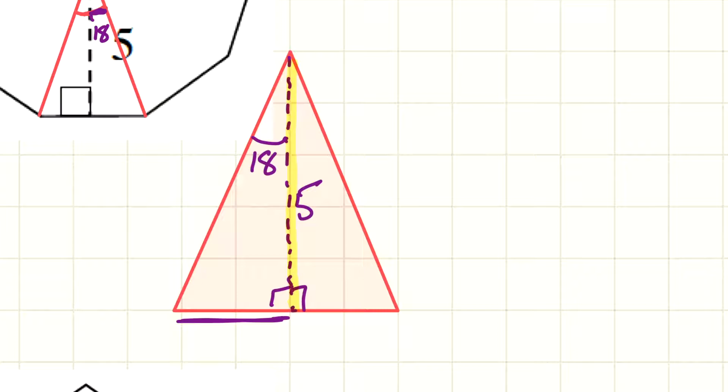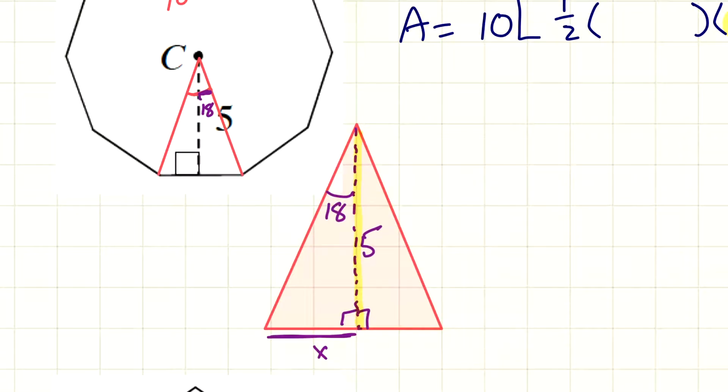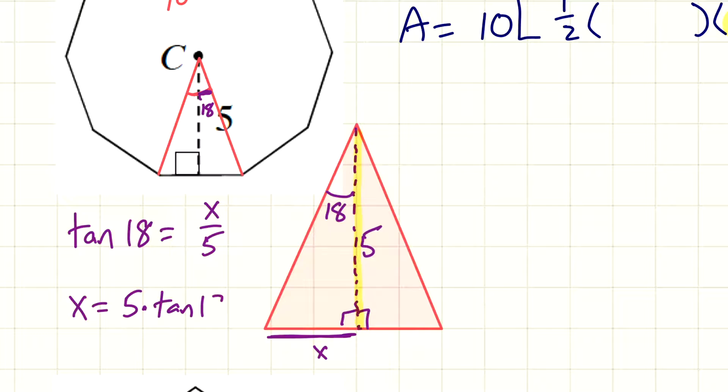So let's set that up. Tangent of 18 degrees is going to be equal to x over 5. And so when we solve for x, we're going to end up with 5 times tangent of 18.